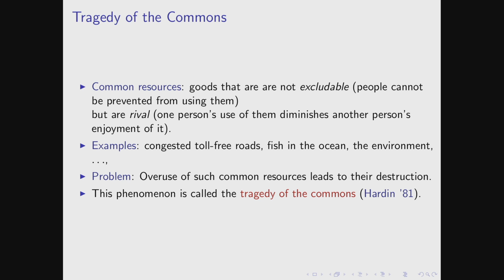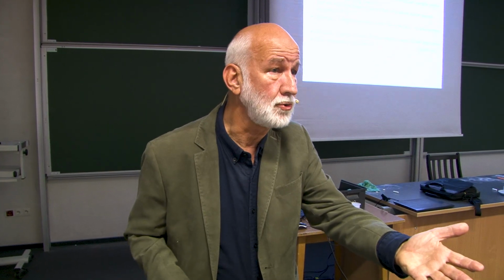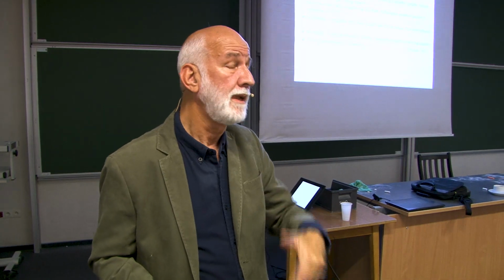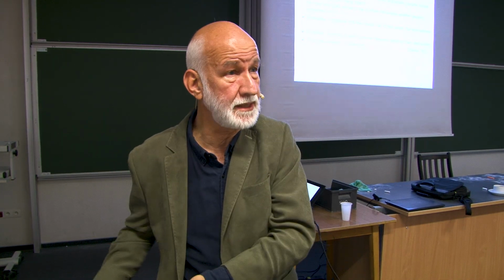Suppose it's a free tollway, so free road. In Holland, all the highways are free, so I do not know the concept of toll road. It's kind of unknown. In Poland, is there any free highway? Yes. Okay. So the idea is that everybody can use it at no cost, but if you use it, it affects the others.